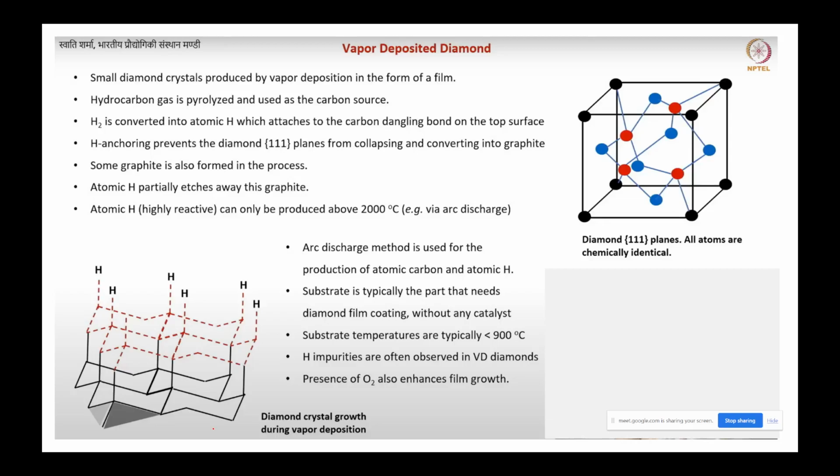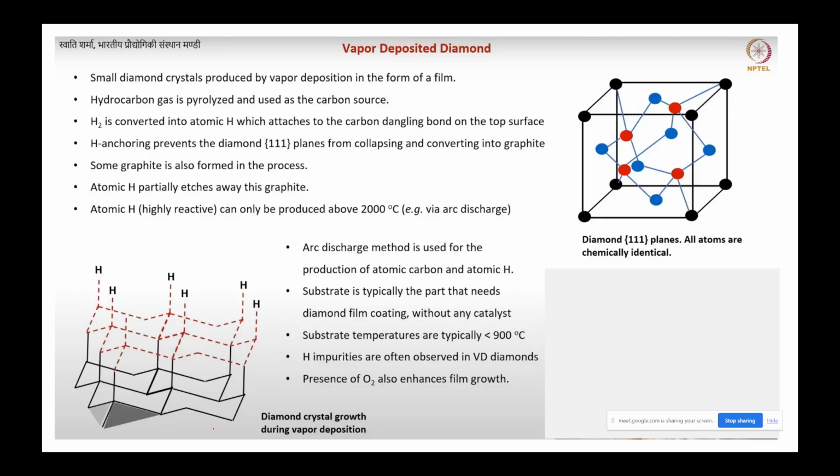Now the vapor deposited diamond. A small diamond catalyst is produced by vapor deposition in the form of a film. Hydrocarbon gas is pyrolyzed and used as the carbon source. Hydrogen is converted into atomic hydrogen which attaches to the carbon dangling bonds on the top surface.